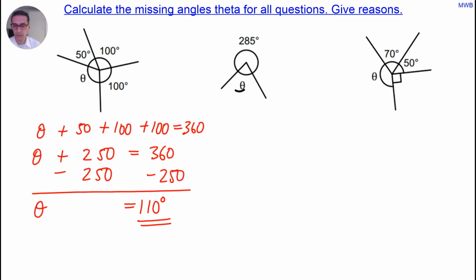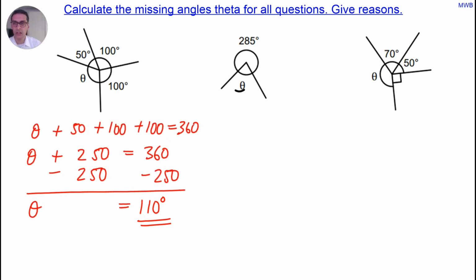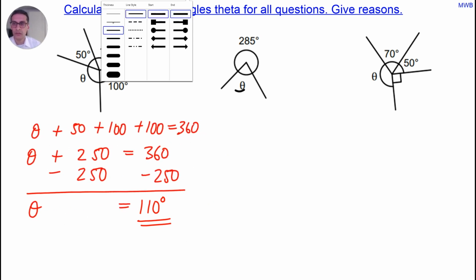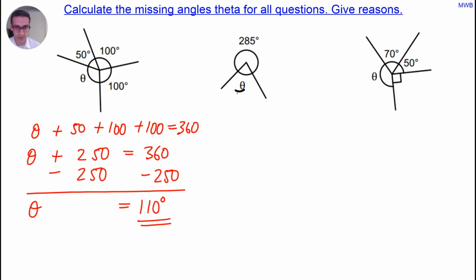Okay, second question. So this one's slightly easier. We are going to have theta plus 285 equals 360. And then we're going to do the subtraction from both sides.